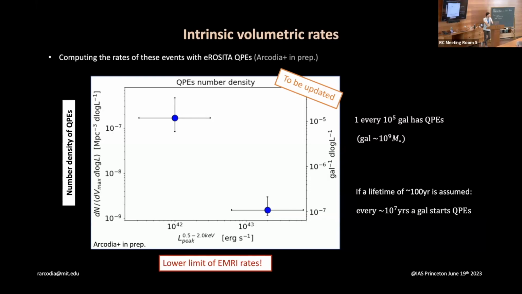So I think there are arguments against a massive IMBH being the source of these QPEs, but I will say that there are also models that propose that QPEs are somehow related to lensing of an accretion disk by a companion or things like that. So the jury is still out.